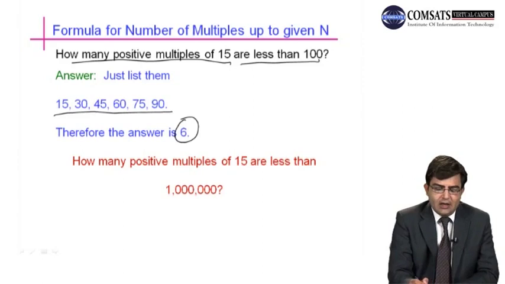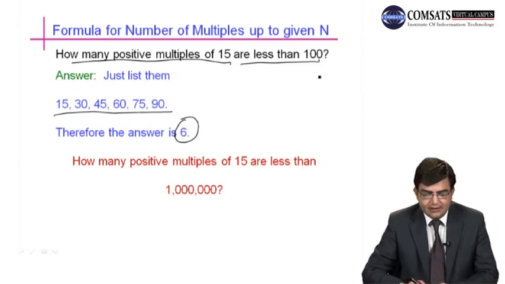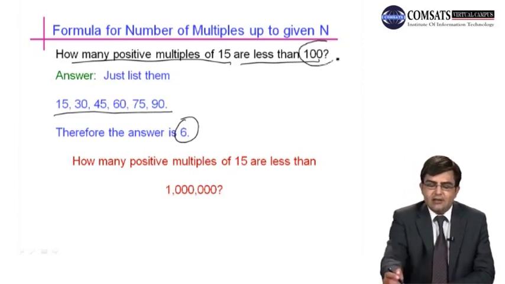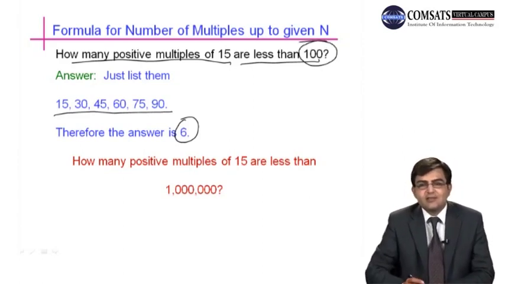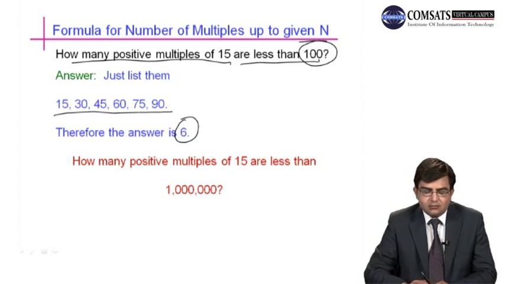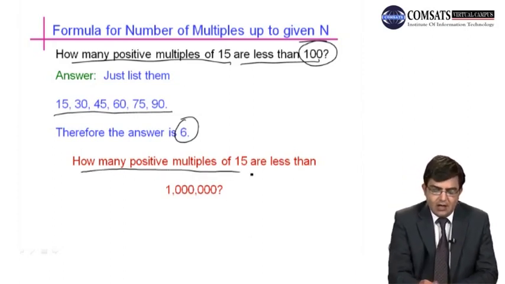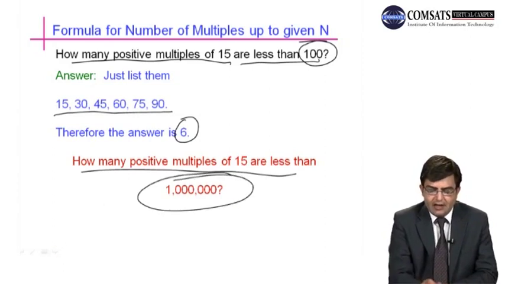So how many multiples are there? There are 6 multiples. Now this method is only useful when this number is small. But there are situations where we need the multiples of some number which are less than some big number.